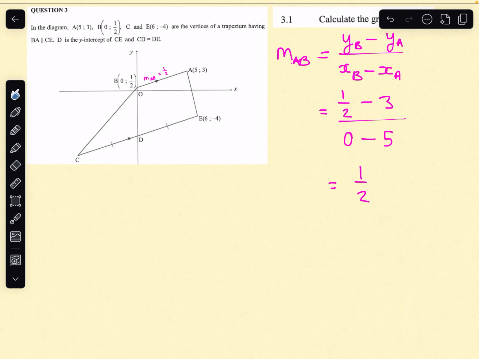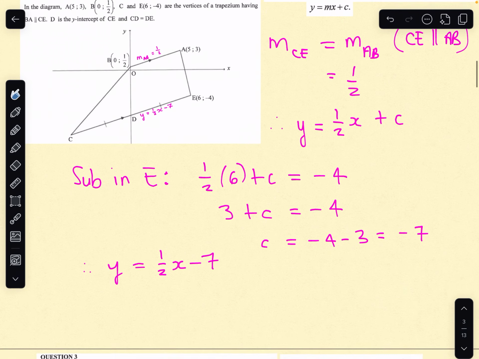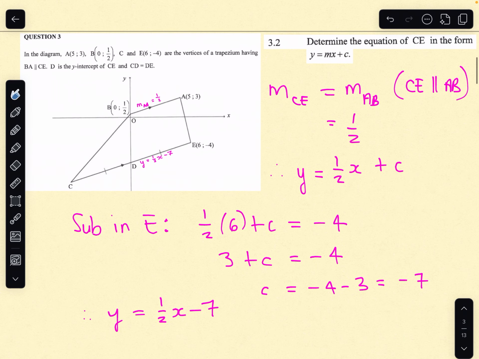So 3.1 was indeed just a straightforward application of the gradient formula, and we did indeed get a half. Perfect. Second question, we needed to find the equation of the straight line CE, and let's see what the memo had to say about that.